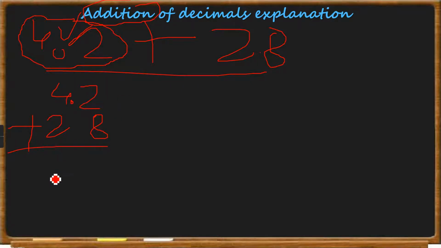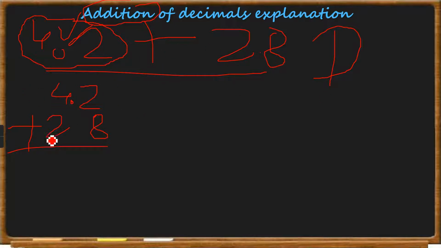Here, first you need to arrange them in descending order, and after that you need to calculate. Descending order means first the bigger number and then the second number, which is smaller than the bigger one. So this is the bigger one, this is not.